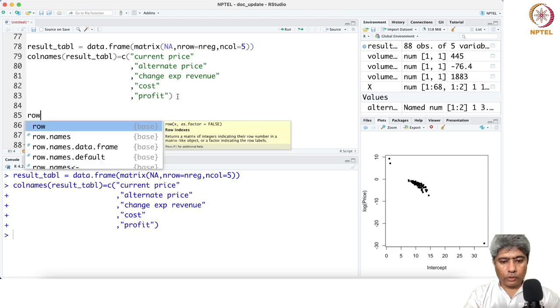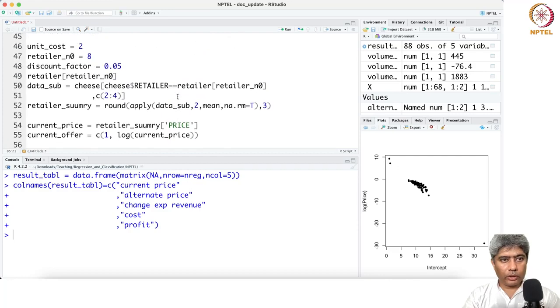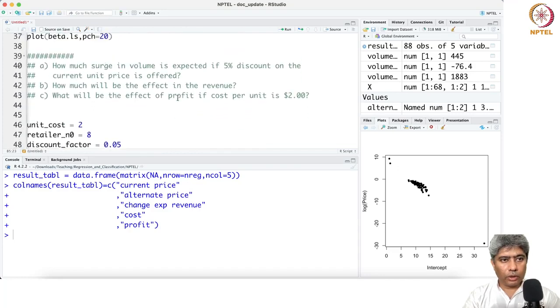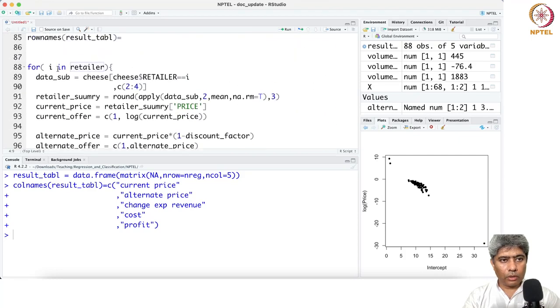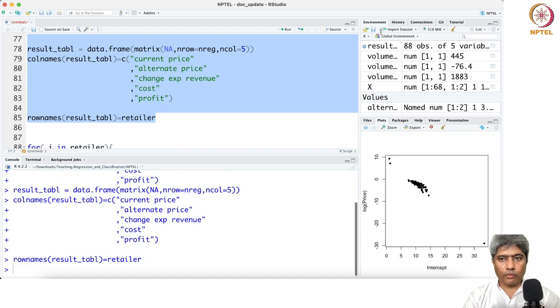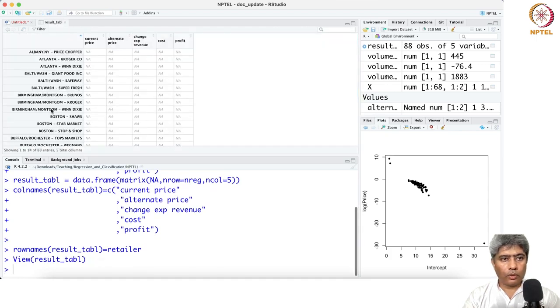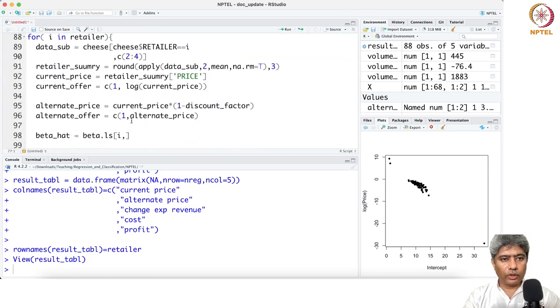Row names of result table equal to retailer. Right. Okay, so if I just now define it, you can see all these names are there. I have just created a placeholder for that.